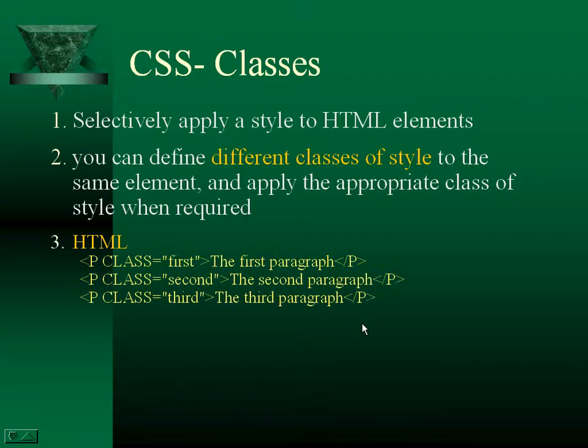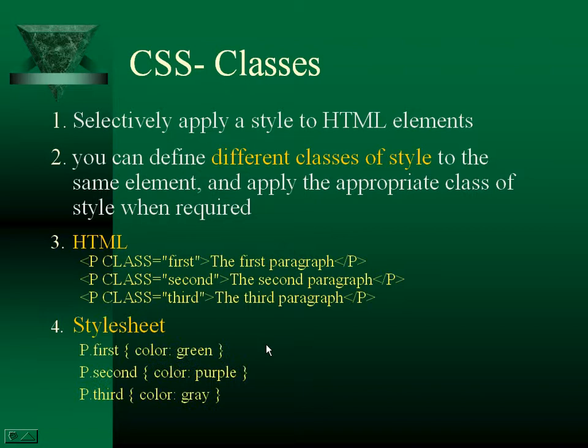In the HTML tag P, the paragraph element is divided into different classes: first, second and third. We are using the same paragraph element, but we have divided it into different classes. If we want to add styles to these classes, we write the style sheet as follows: p.first color green, p.second color purple, p.third color gray.